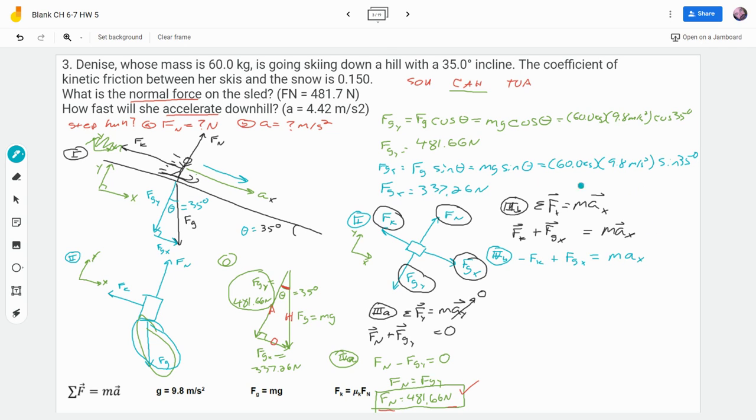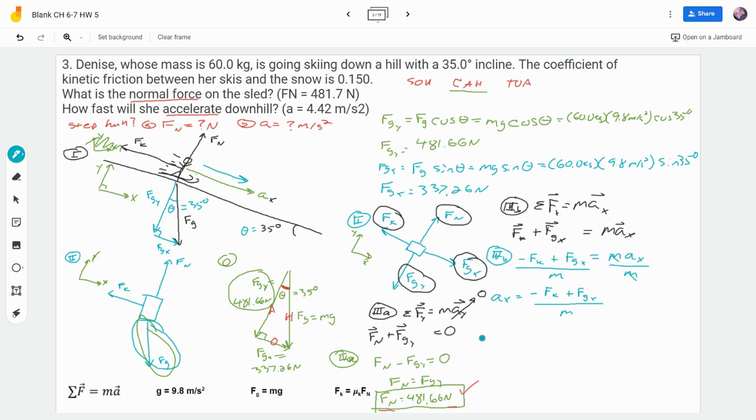The thing we're trying to solve for is her acceleration in this direction, a sub x. So we're going to divide both sides by m. The m's will cancel on the right side. I'm going to rewrite this, switching left and right. This is going to give me a sub x is equal to minus f sub k plus f sub gx, all of this over m.